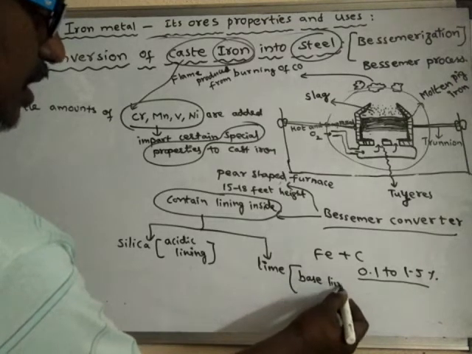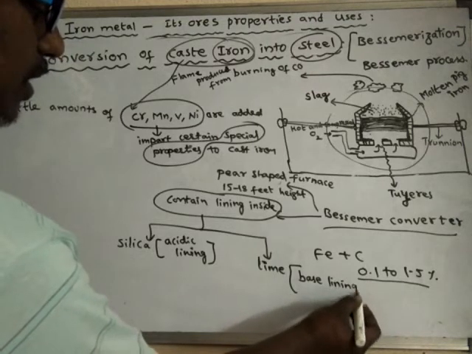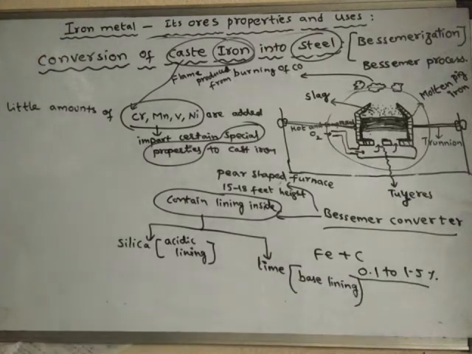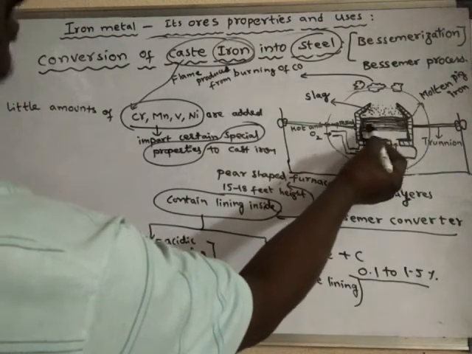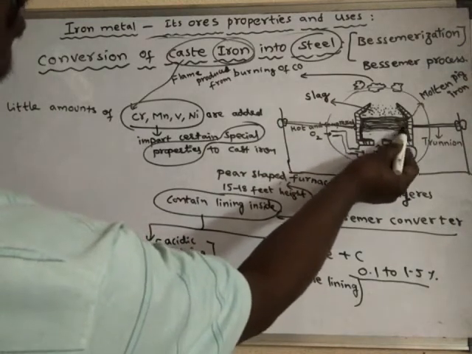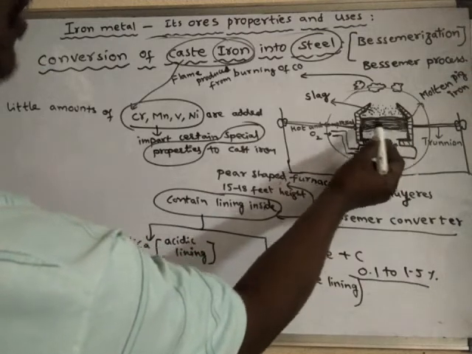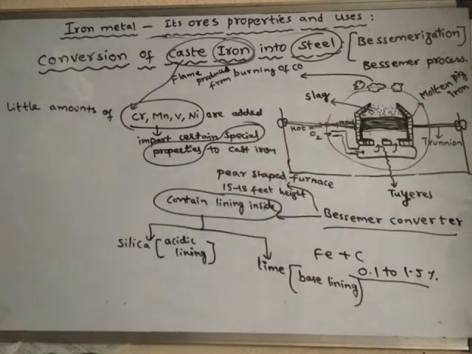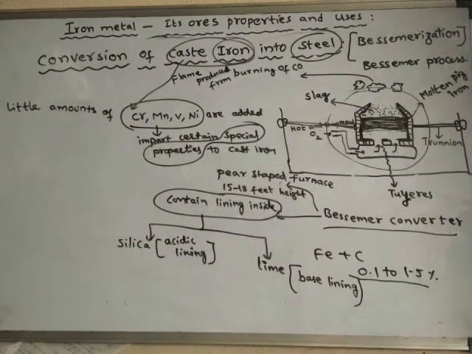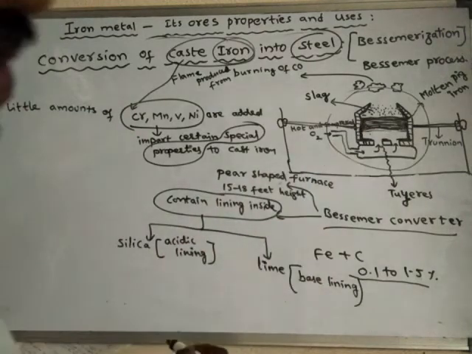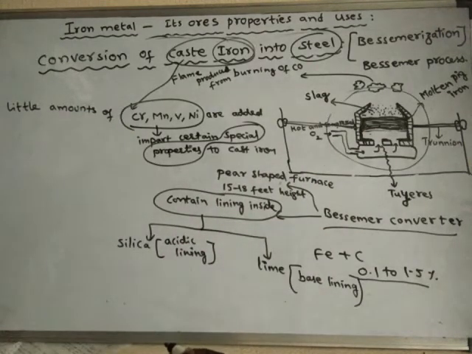Acidic lining or base lining. When the acidic lining is used, we pour the pig iron, or cast iron, into it. Sometimes cast irons may not have phosphorus impurity.